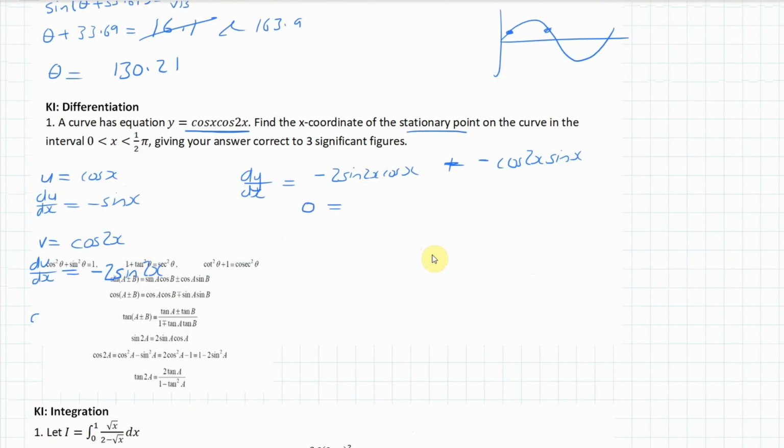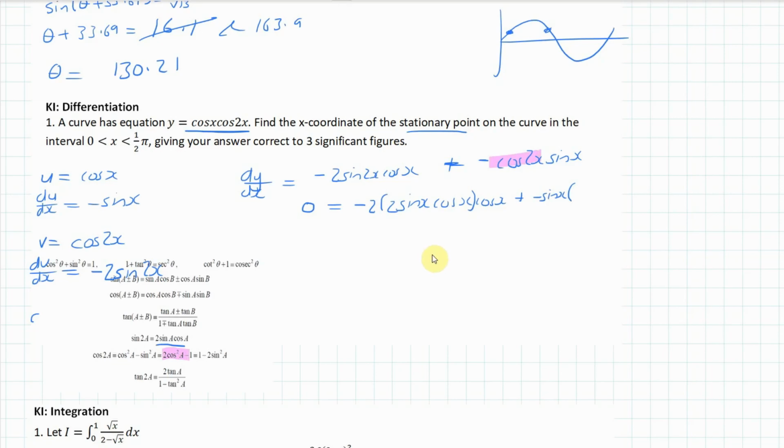Now let's say, what is sine 2x? Another way of writing that is this here. So I'm going to go negative 2 into 2 sine x cos x, and then I'm timesing by cos x there. And then I've got plus negative sine x, and I'm going to now turn this cosine 2x into, I think, this one here, to get everything into cosines.